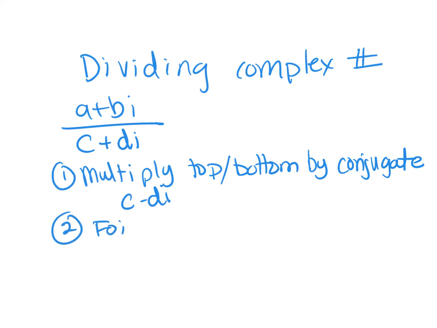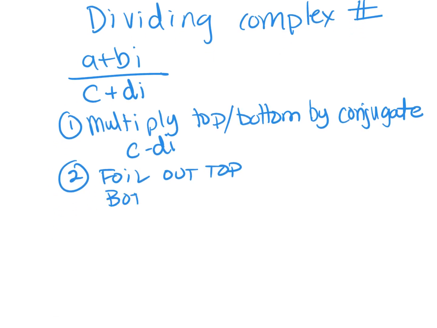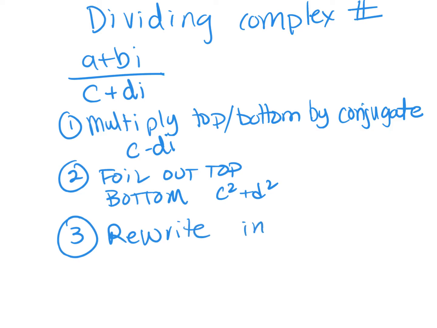FOIL out the top. Bottom is c squared plus d squared. Rewrite in new form, something plus something i. Okay, and that's it. You just FOIL out the top, FOIL out the bottom, and then rewrite it in fractional form.